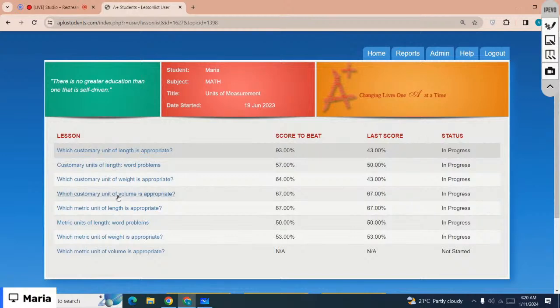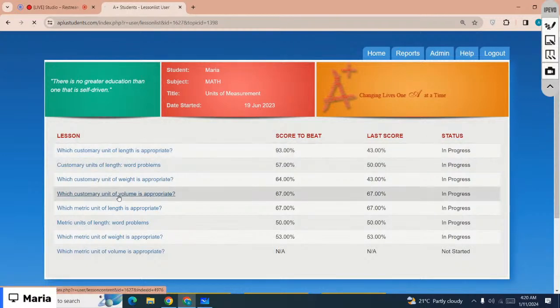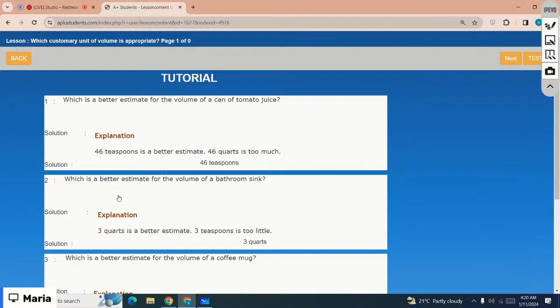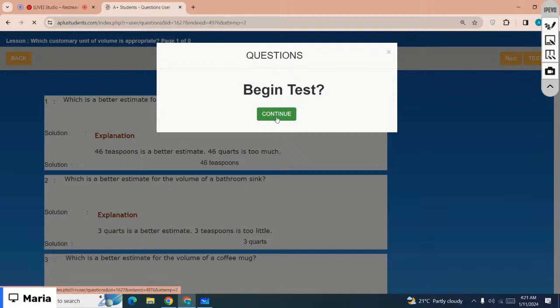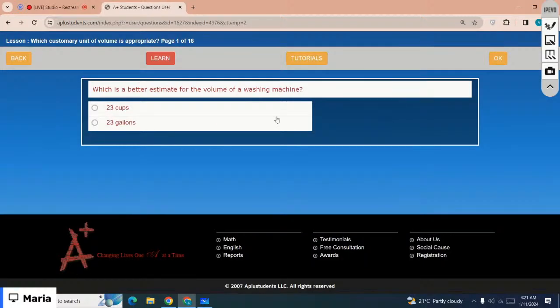The next lesson is which customary unit of volume is appropriate. Now we're going to learn the units of volume, right? Okay, let's start with the test questions. Which is the better estimate for the volume of a washing machine?